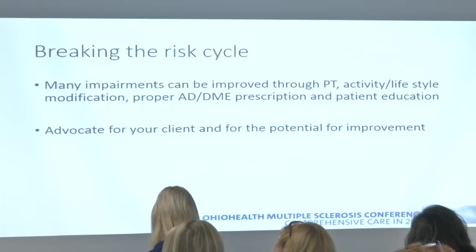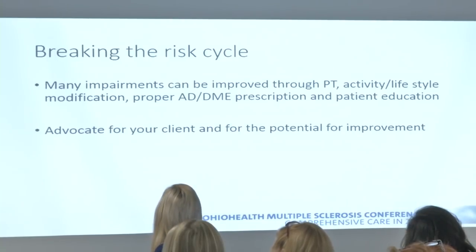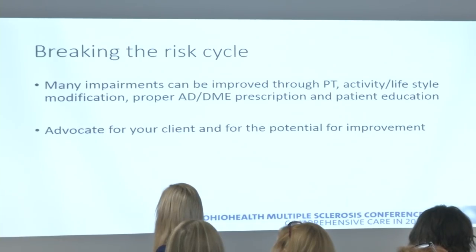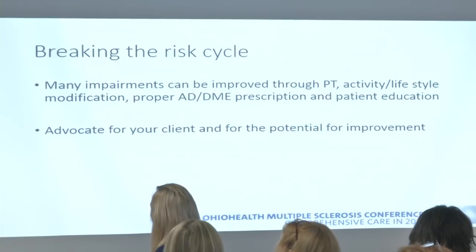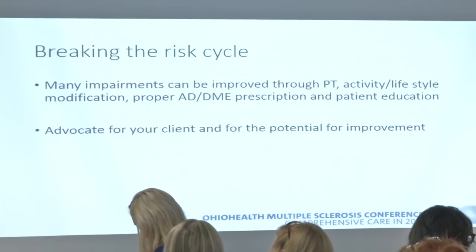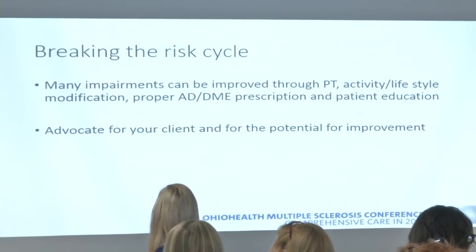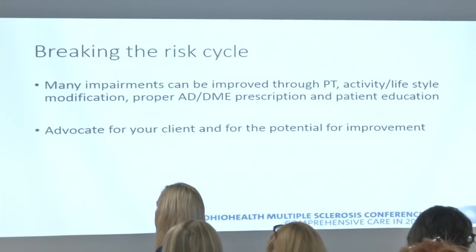Many impairments that were discussed previously can be improved through physical therapy, activity and lifestyle modification, proper assistive device and DME prescription, patient education, and proper medical follow-up. It's really our role as therapists to advocate for the potential for improvement in our clients. Next, Lauren's going to go through how we can break this cycle through proper assistive device and DME prescription.